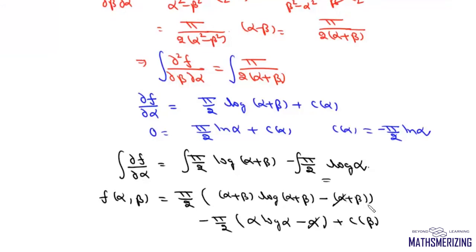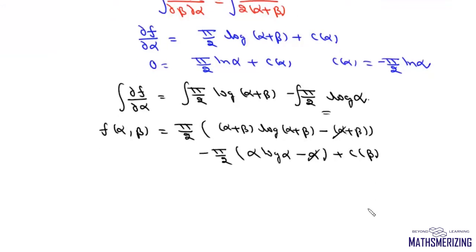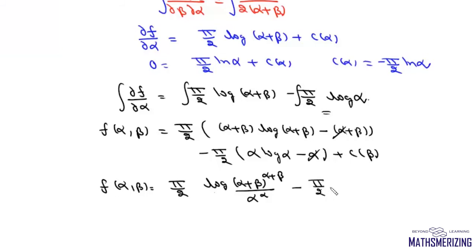We can write this as f(α,β). We'll take π/2 common and then log m minus log n. So it will be log (α+β)^(α+β) upon α^α, and then we are left with minus π/2 β plus C(β).